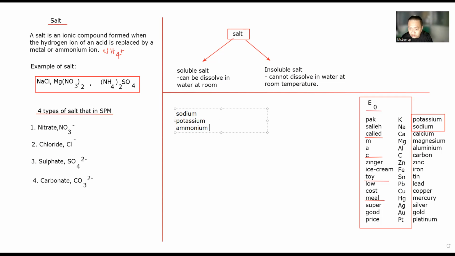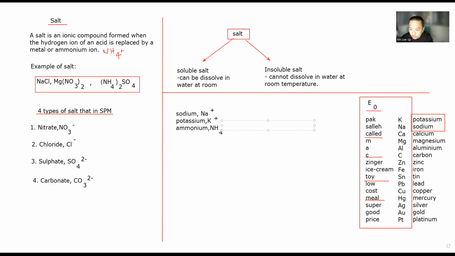I put sodium Na plus, potassium K plus, ammonium NH4 plus.